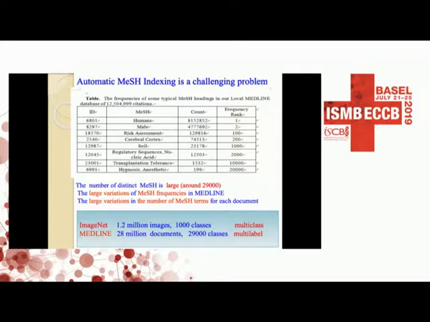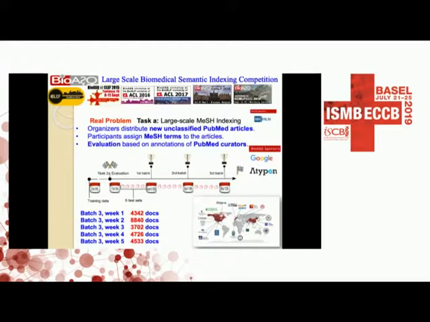So this is also a multi-class problem. Each image is annotated with one label, but in our case, in the MeSH index, there are more than 29,000 labels, and each article is assigned around 12 labels.